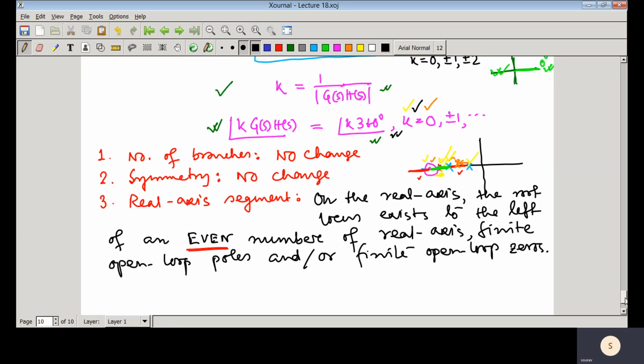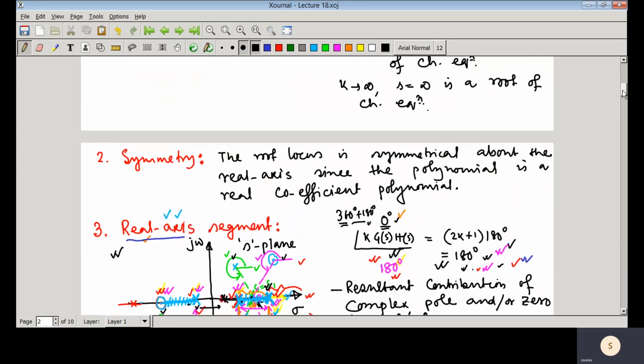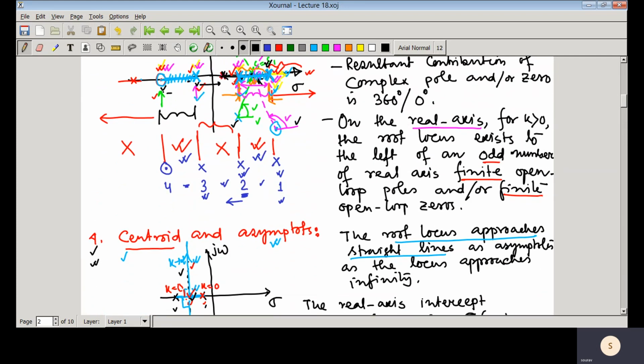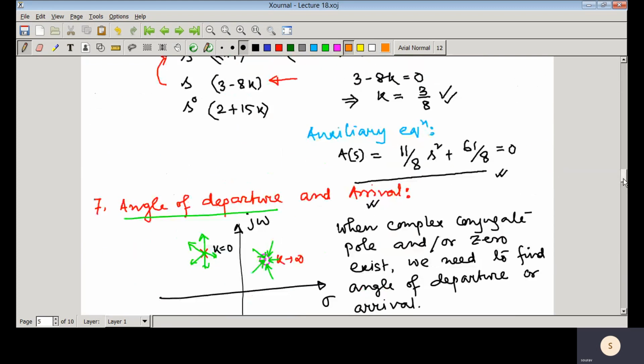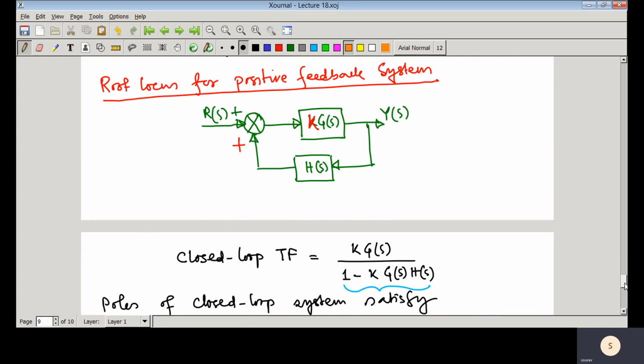And if you just see the difference with that negative feedback, here you can see that real axis segment count was odd in case of negative feedback, but in case of positive feedback the count would be an even number.